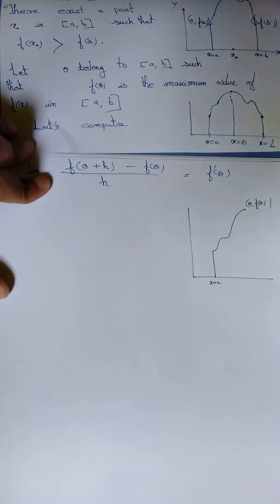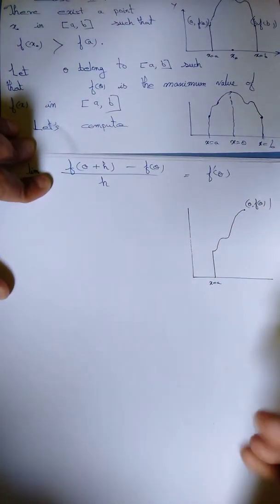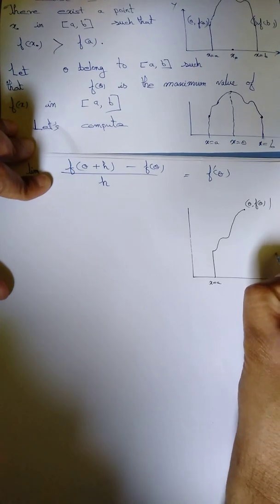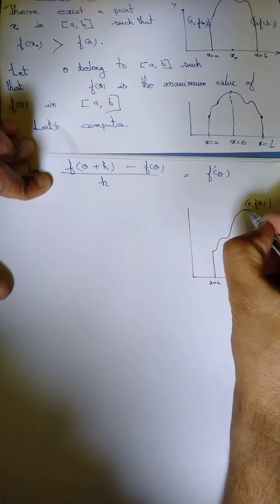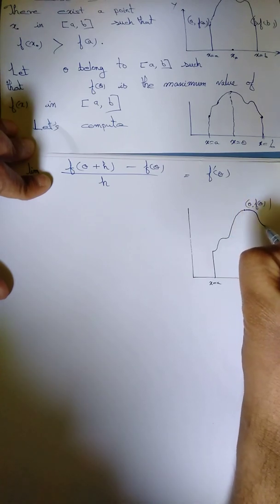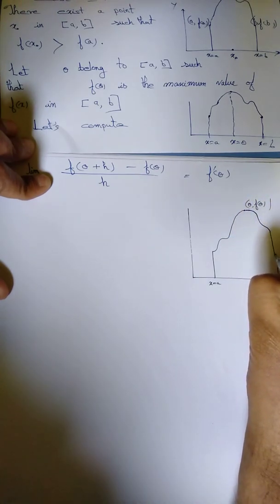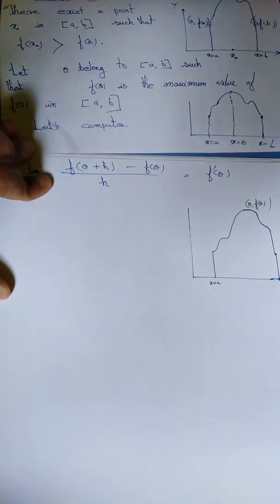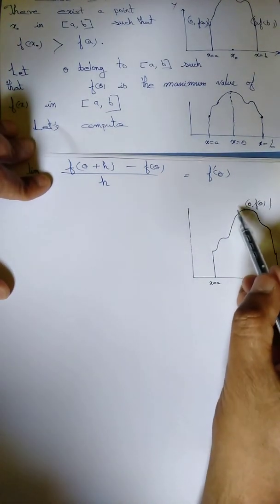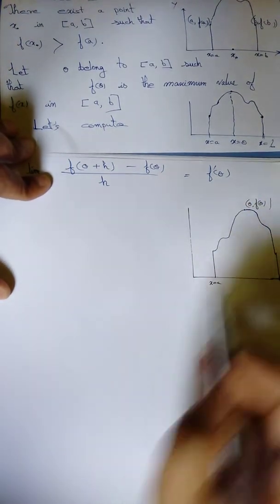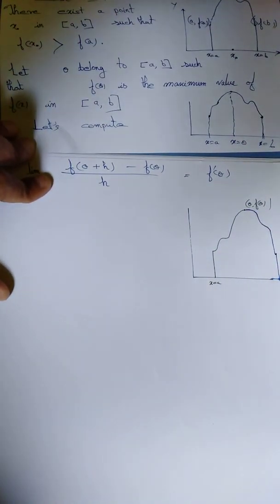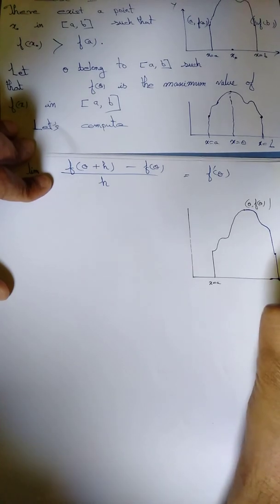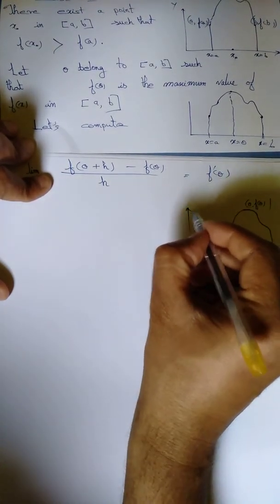And let's draw the other side with the blue color. What we care is that the graph should be smooth. That means we should be able to draw a tangent to the graph, or in other words, we should be able to find the derivative.